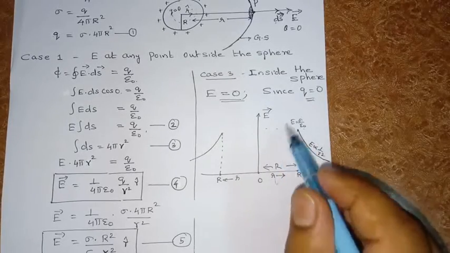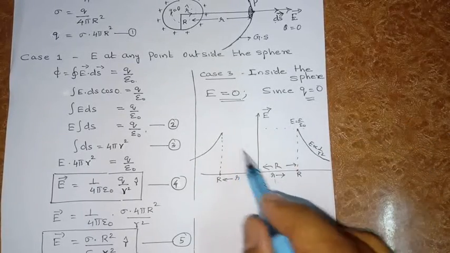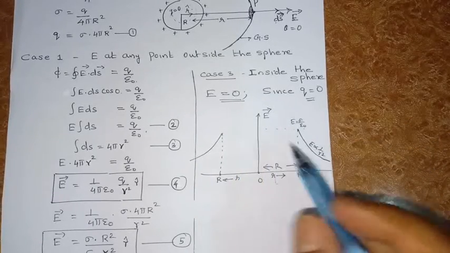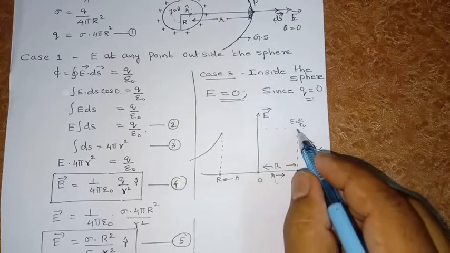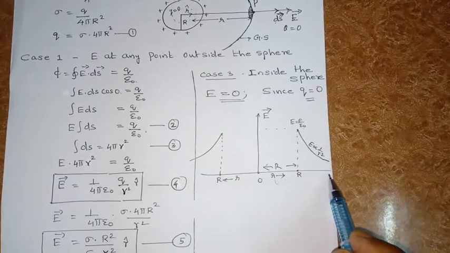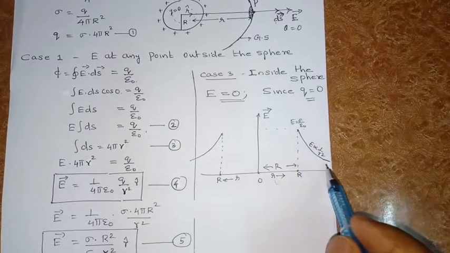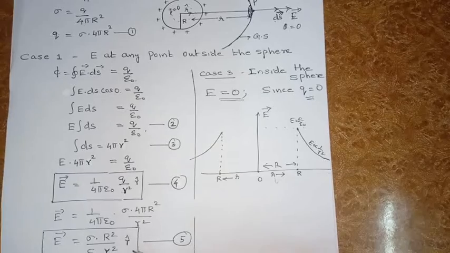Nothing is there. Inside the sphere, in this particular region, there is no graph actually, because electric field exists on the surface of the sphere. As the distance increases from the sphere, outside the sphere, electric field decreases as 1 by r square according to this equation.